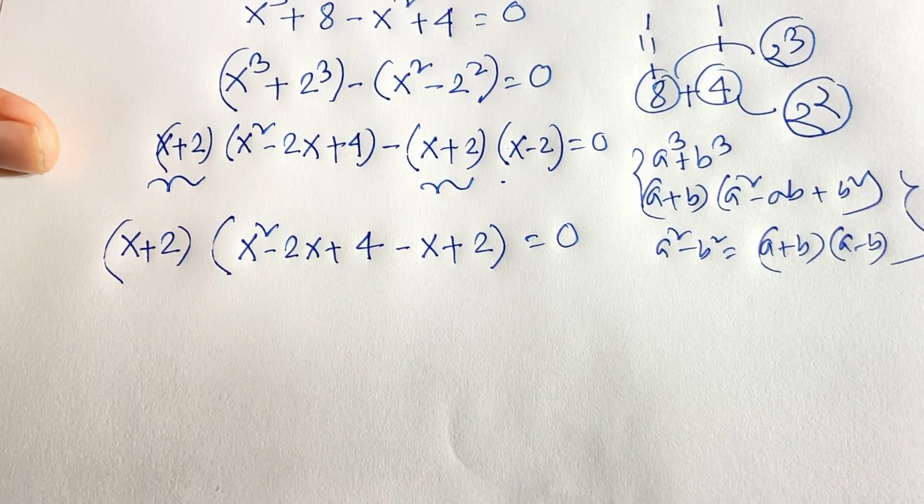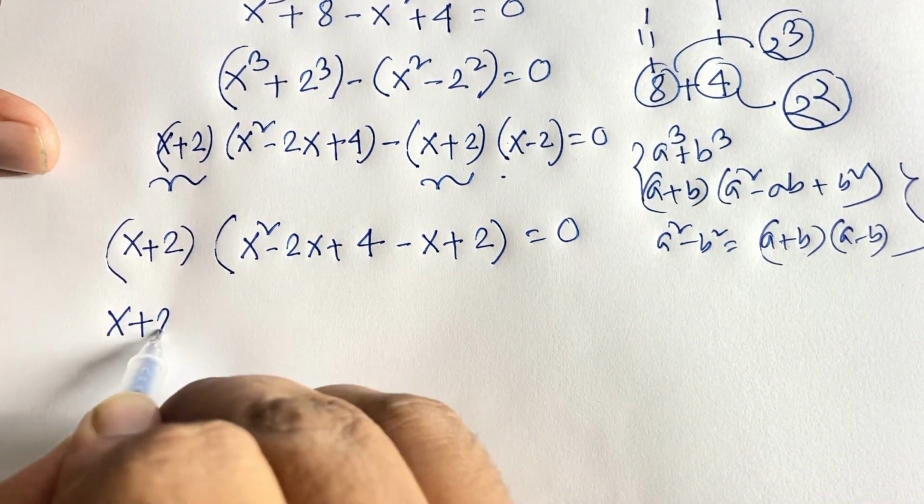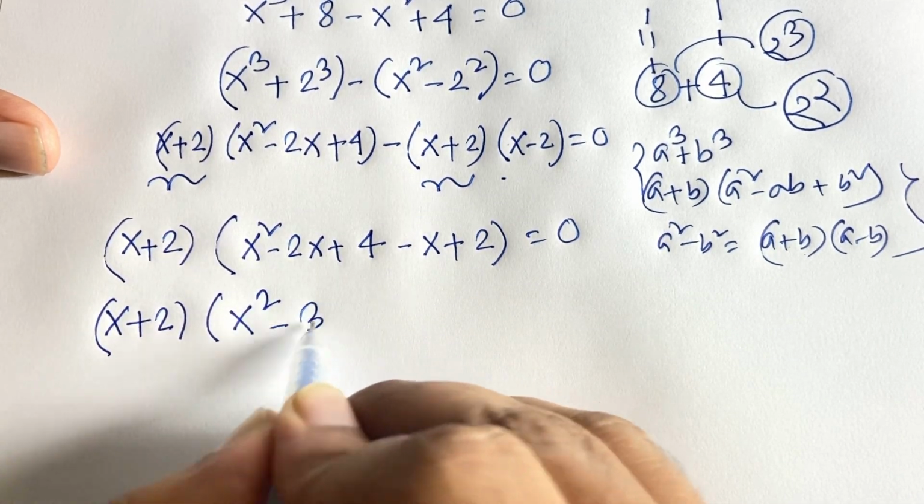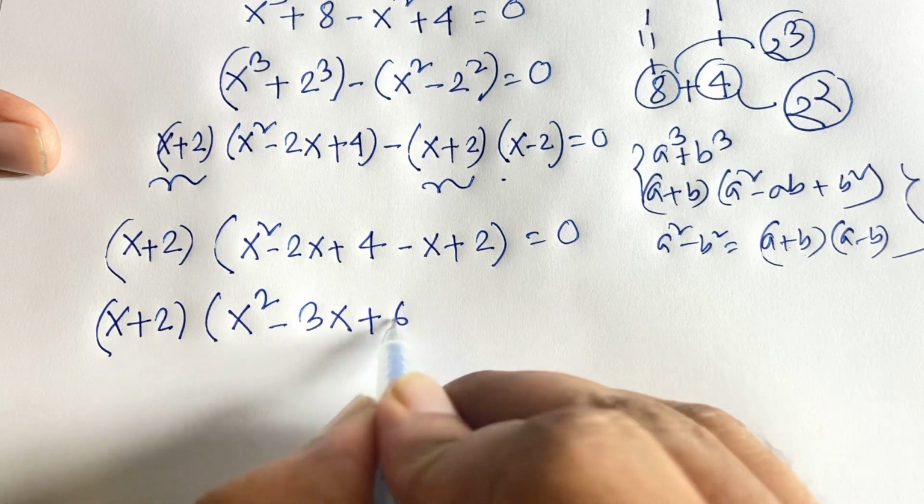At this moment we'll find x plus 2 times x squared minus 3x plus 6 is equal to 0.